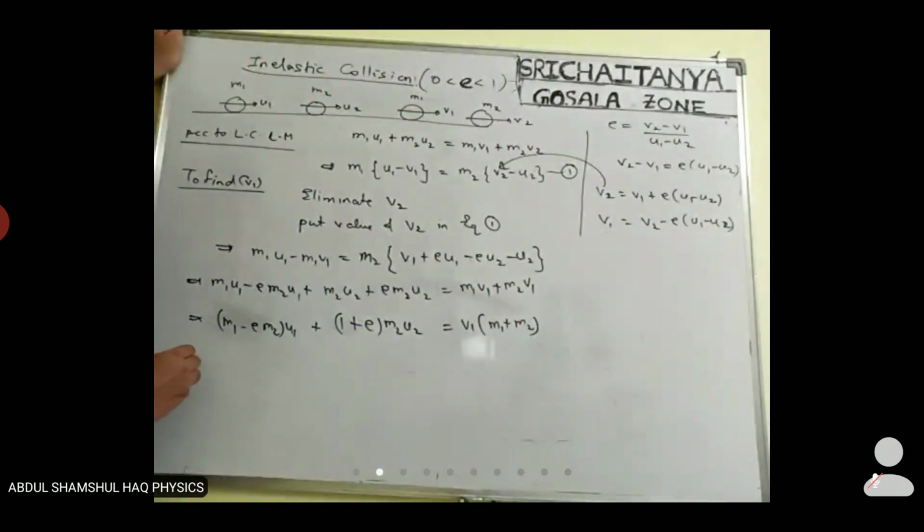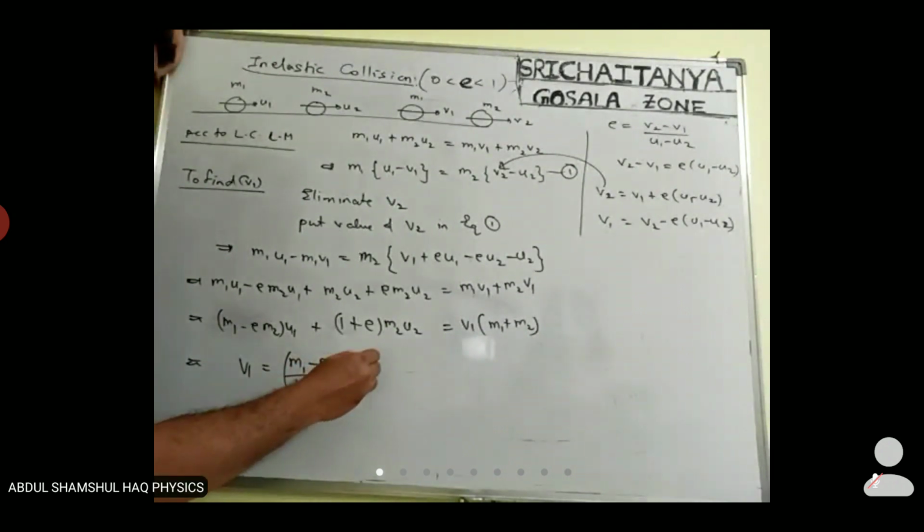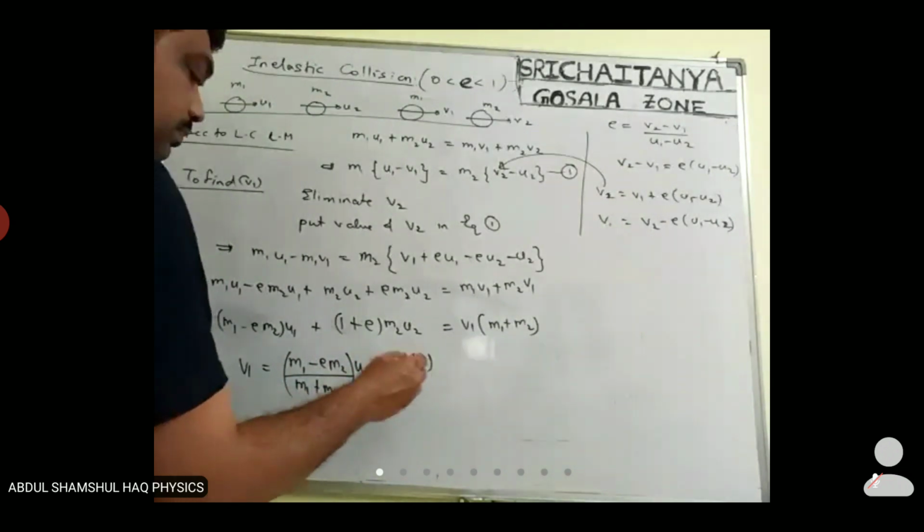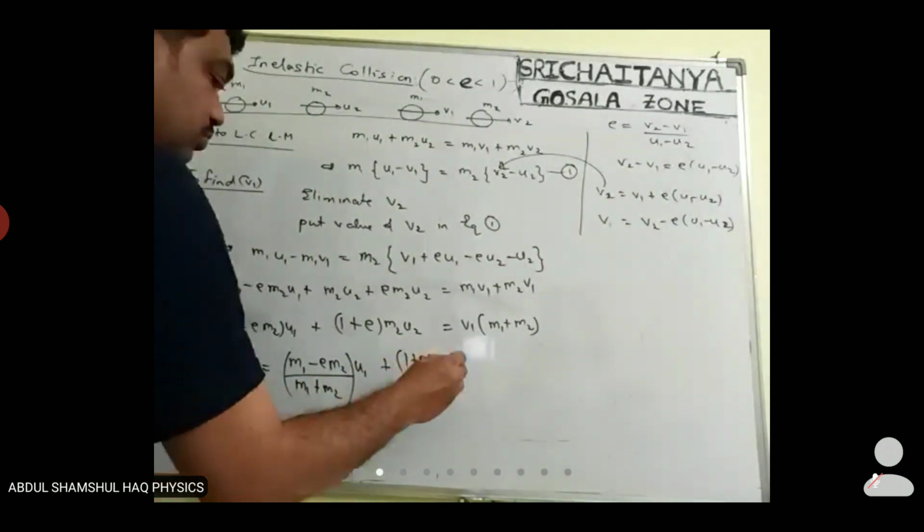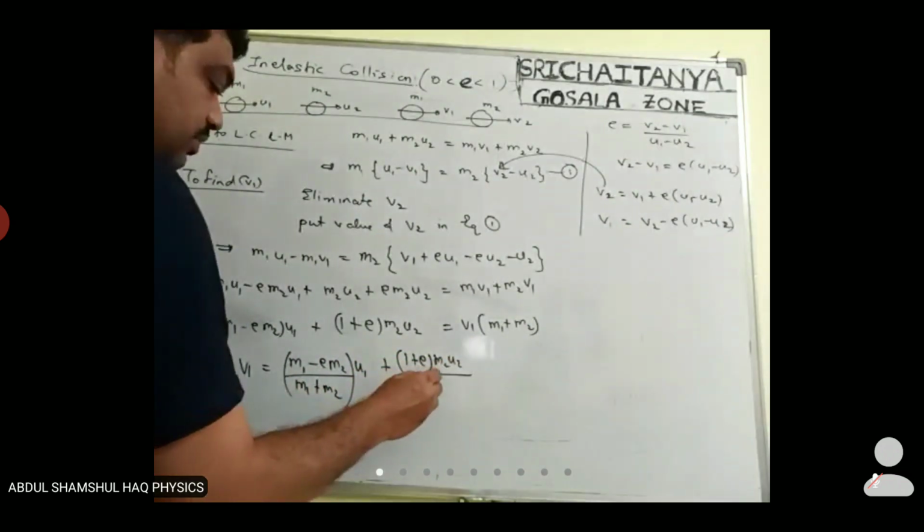So therefore, velocity v1 is equal to m1 minus e m2 whole divided by m1 plus m2 into u1 plus 1 plus e into m2 u2 whole divided by m1 plus m2.